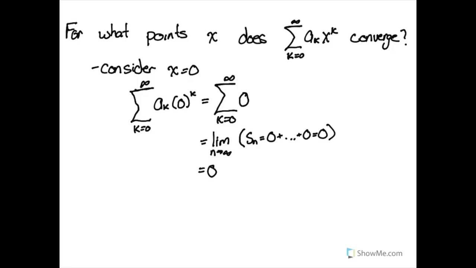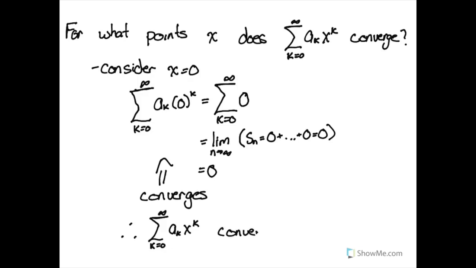So since the limit of the partial sums exists, that implies that this series converges, and therefore the power series a_k x to the k, from k equals 0 to infinity, converges at x equals 0.